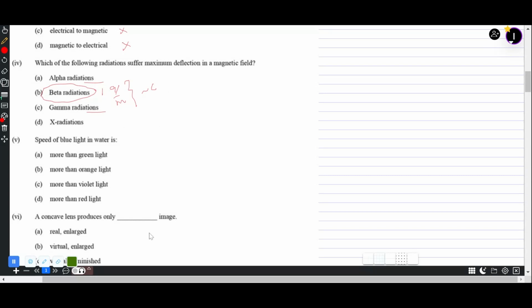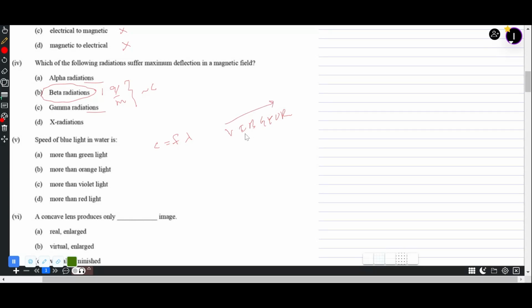Now next one, speed of blue light in water is... Now you know that c is equal to f lambda. This is the order in which a prism disperses light.